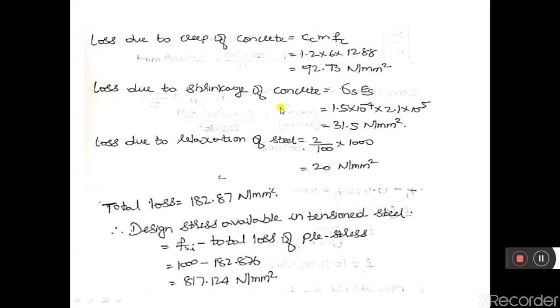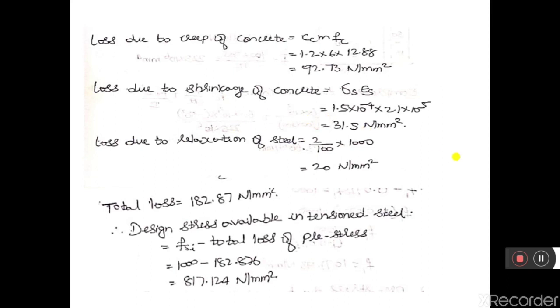Loss due to shrinkage of concrete is delta S into ES. Delta S is given 1.5 into 10 to the power of minus 4. ES is Young's modulus of steel, 2.1 into 10 to the power of 5. Therefore, loss due to shrinkage of concrete is 31.5 Newton per mm square. And loss due to relaxation of steel is 2% of initial pre-stress. That is 2 by 100, and initial pre-stress is 1000.